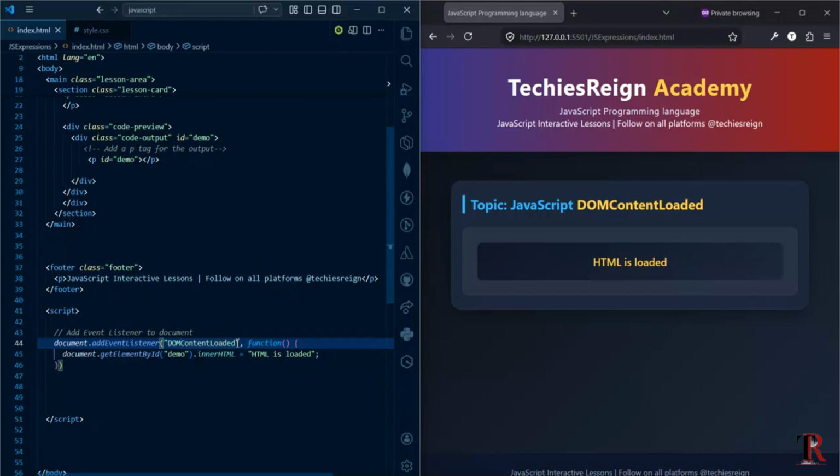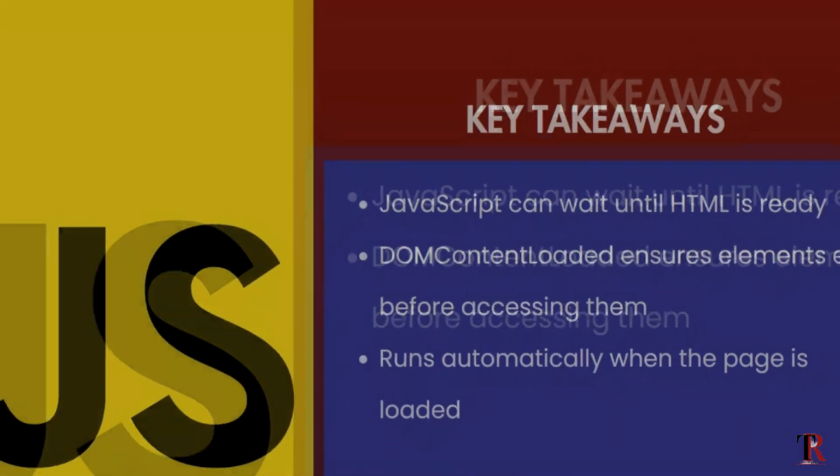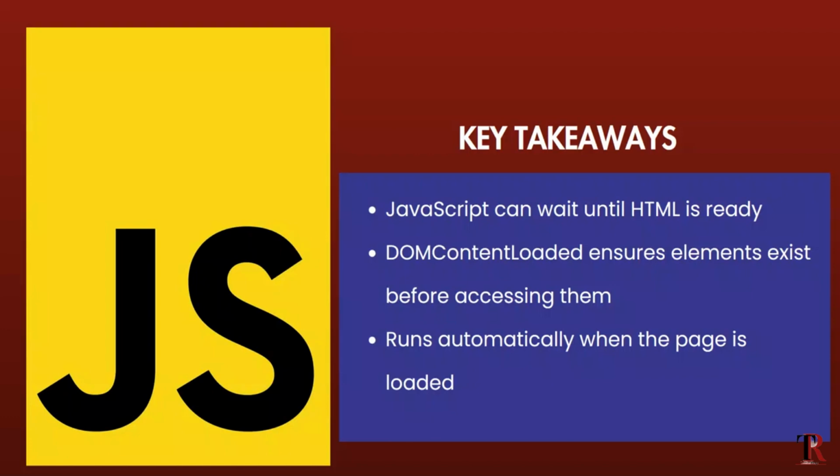Let's say we put something else aside from this, but it might break if the script runs before HTML loads. But DOMContentLoaded is what will prevent the execution of JavaScript from firing until the HTML is fully loaded. DOMContentLoaded ensures elements exist before accessing them. It runs when HTML is loaded, but not necessarily images or styles. It runs automatically when the page is loaded. You can see that it runs, the text displayed immediately the page was loaded.